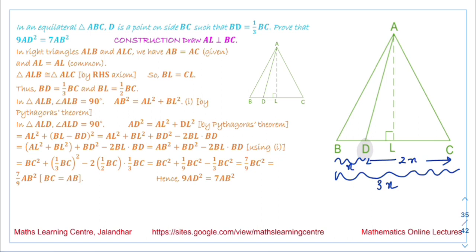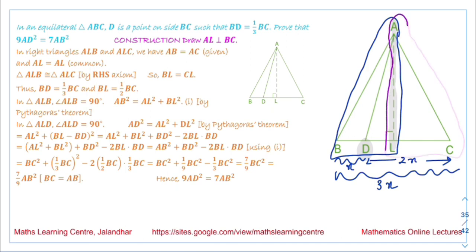To prove this, we have drawn a perpendicular AL. Now we consider the right angle triangle ALB and the second right angle triangle ALC. Since it is an equilateral triangle, sides AC and AB are equal, AL is the common side, and this angle is 90 degrees for both triangles.